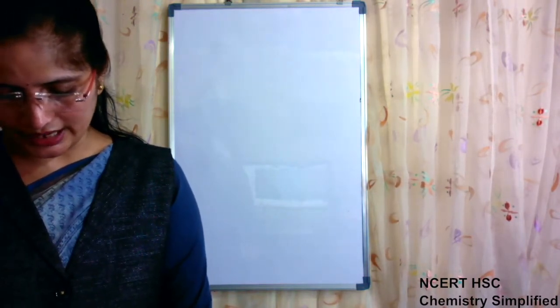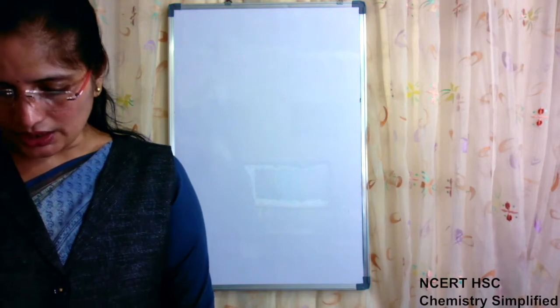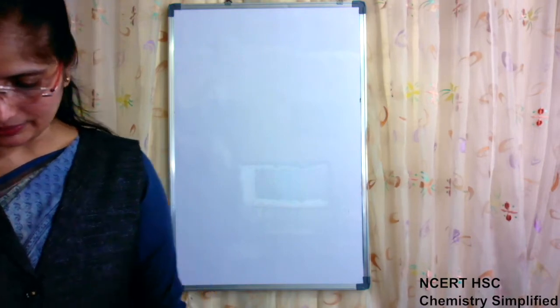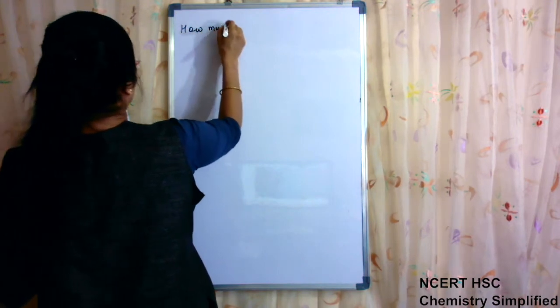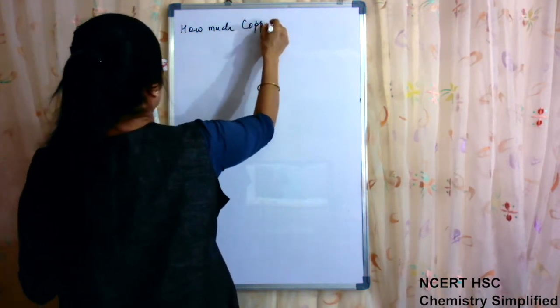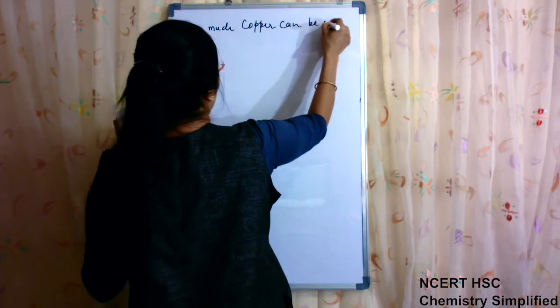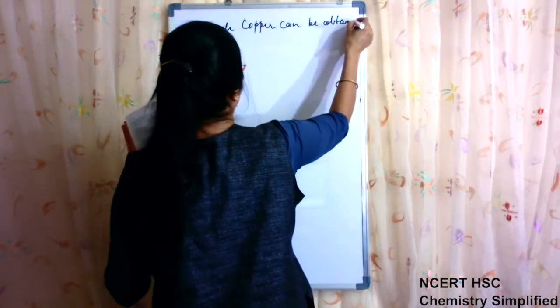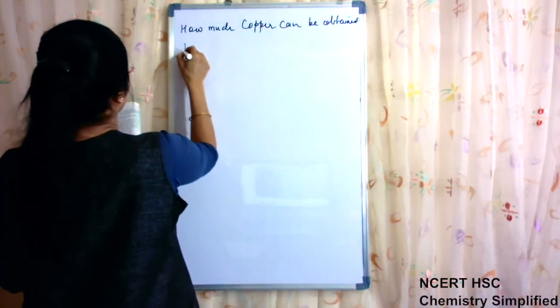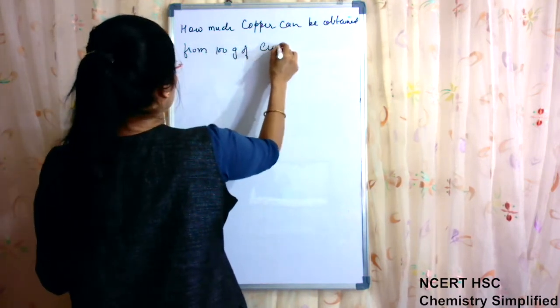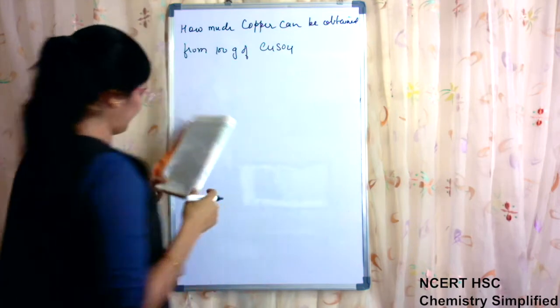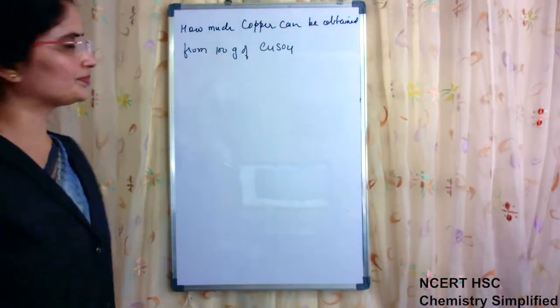How much copper can be obtained from 100 gram of copper sulfate? How much copper can be obtained from 100 gram of CuSO4, copper sulfate?